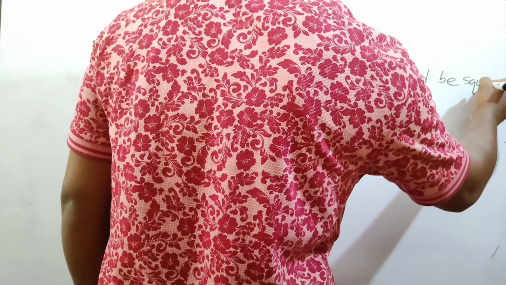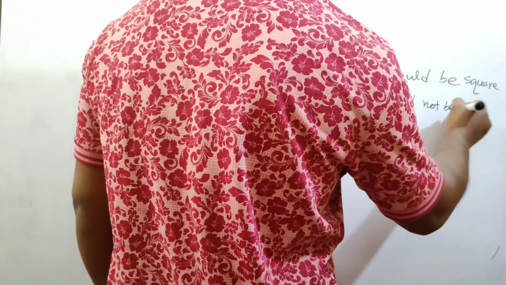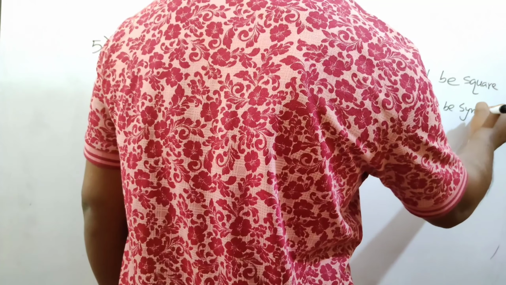Number 2, the matrix should not be singular. So what is singular? That means if the determinant of the matrix is 0, then this matrix is called singular.